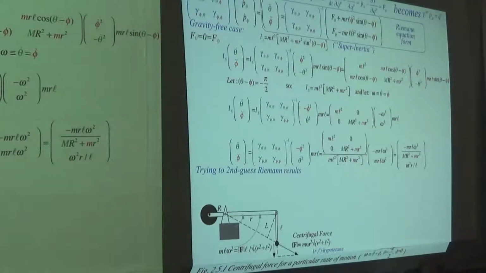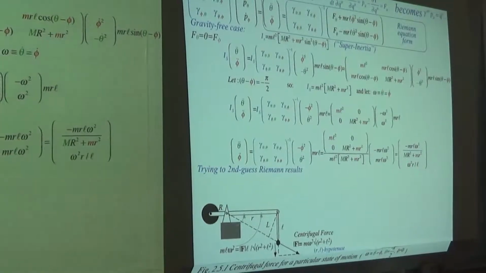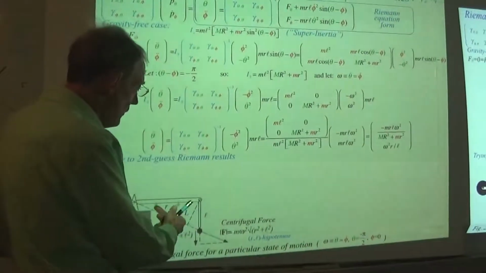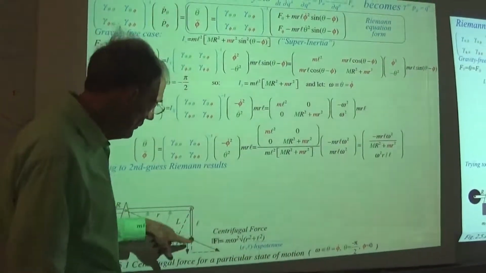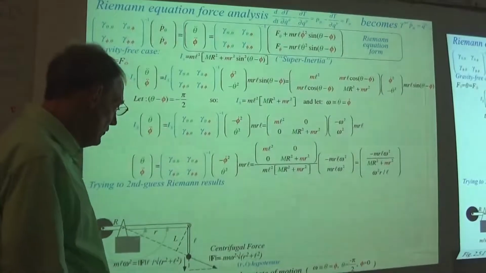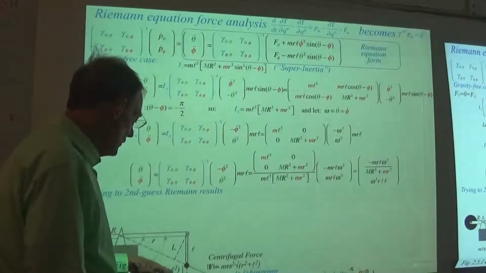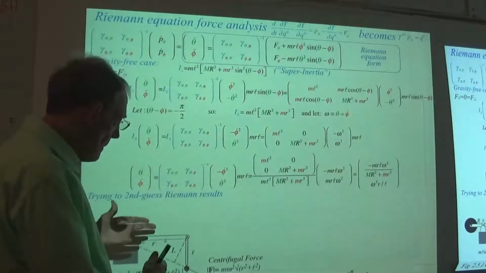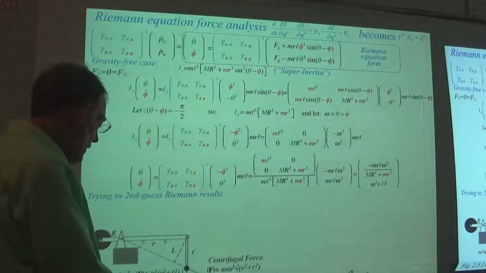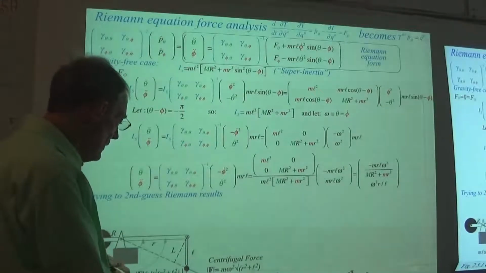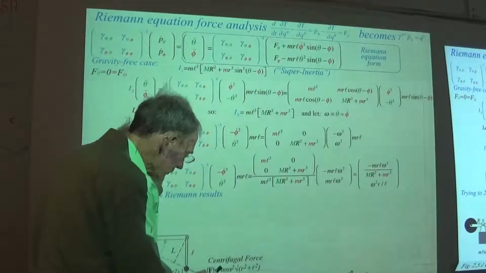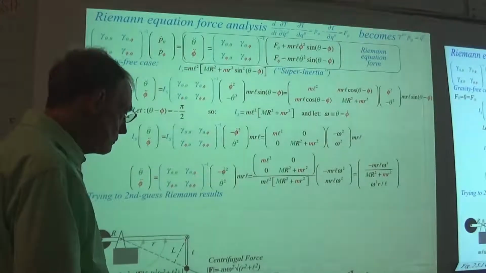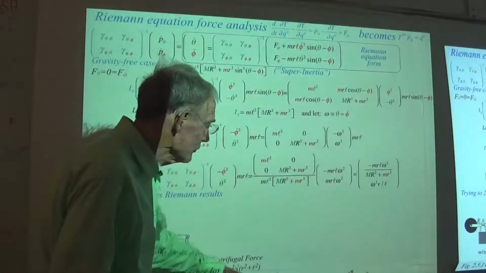What I want to do is see if I can figure out what the forces involved here are. For example, there is a centrifugal force associated with this particular moment of this trebuchet. I imagine actually a combination of forces, but let's say that's what it is. I'm calling it a particular state of motion.